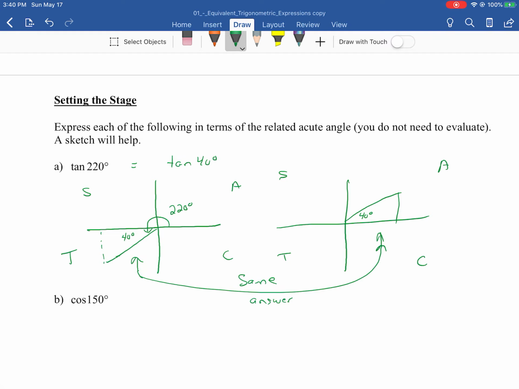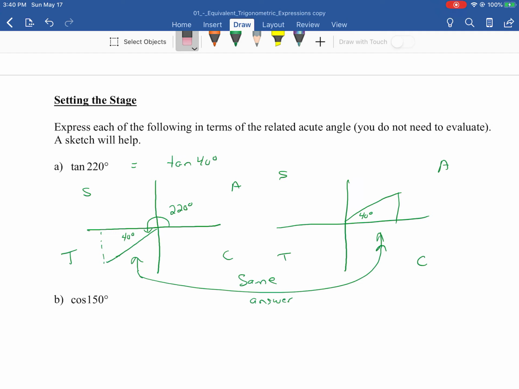Well, don't believe me? I'm going to evaluate them. If I go over and type tan 220 on my calculator, I get some ridiculous negative. Oh, I typed something in wrong. Something extra came on my screen there. I was like, well, how can it be negative? I was staring at my screen and I realized I typed something wrong.